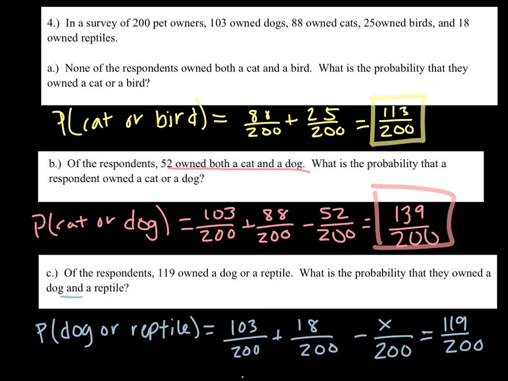So 103 plus 18 is 121, which means that 2 owned both. We would just solve it. So probability of this or that is the sum of both of those events, subtracting the overlap, or the part where they are both.